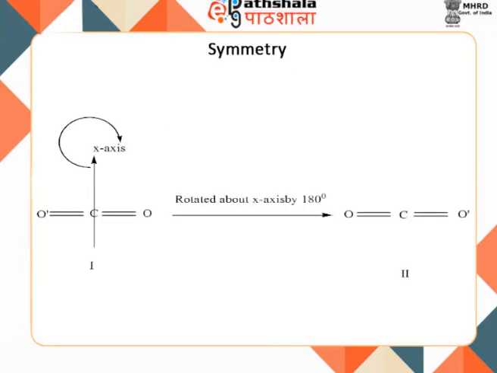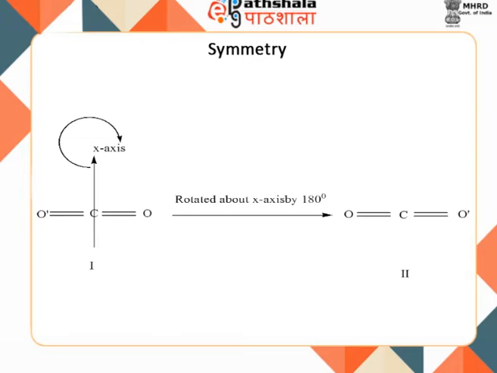Now, first is symmetry. Any molecule is said to have symmetry if any real or imaginary operations of rotation or reflection, when carried out on the molecule, lead to a new orientation which is indistinguishable from the initial one.